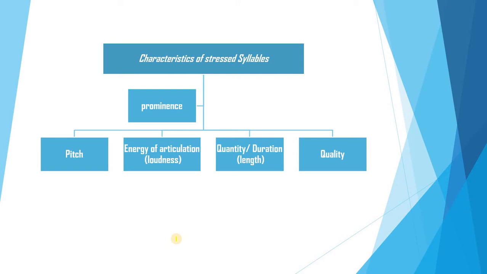Concerning the quality of the syllable, it is mainly related to the quality of the vowels. The vowels in English are all strong except the 3 weak vowels, which are normally the short I, the schwa, and the short U. So these are the weaker vowels that we have in English.